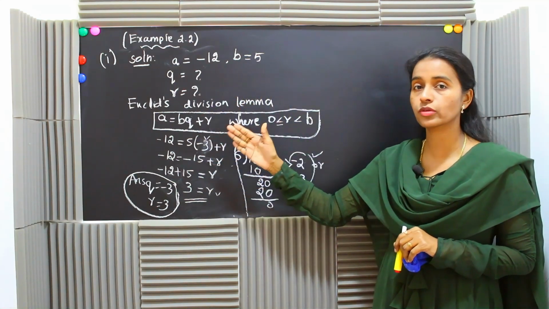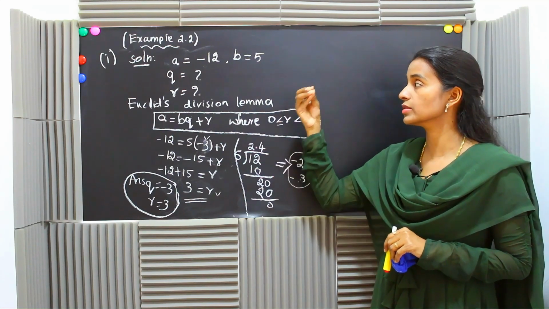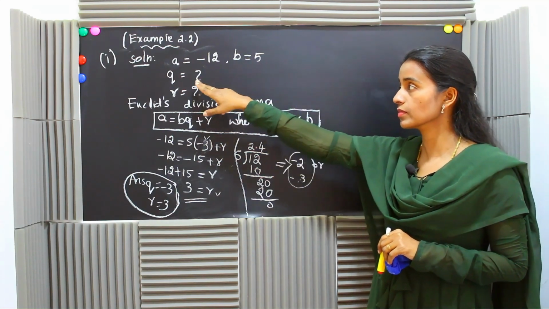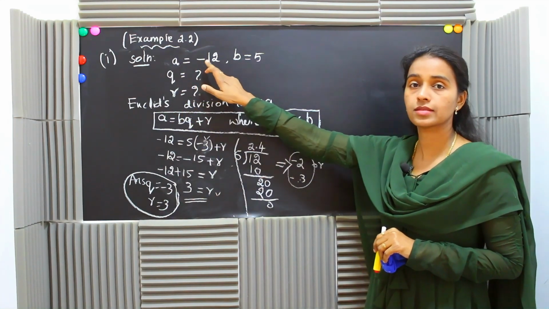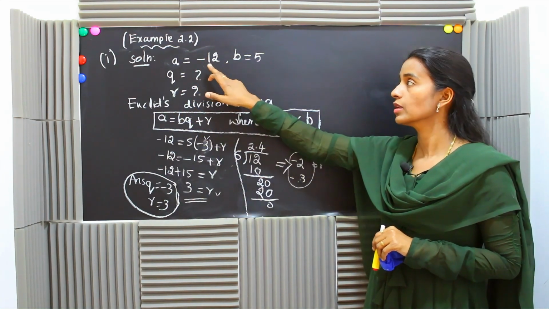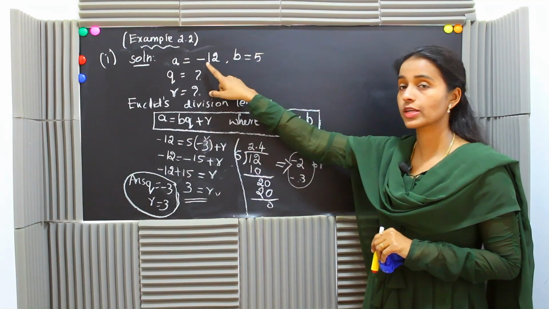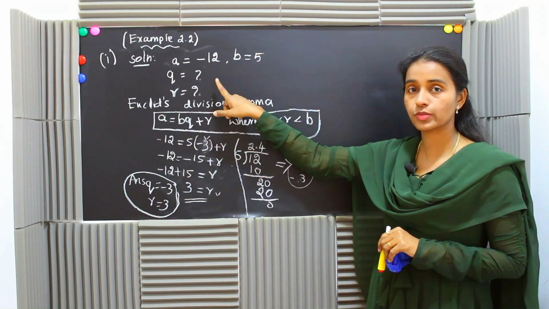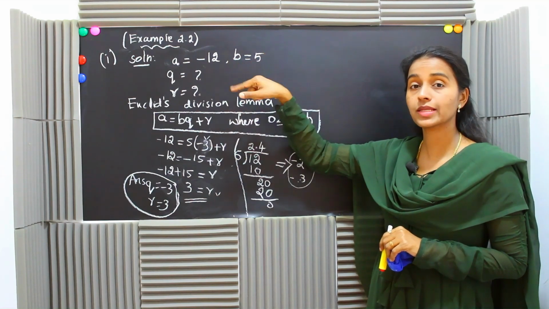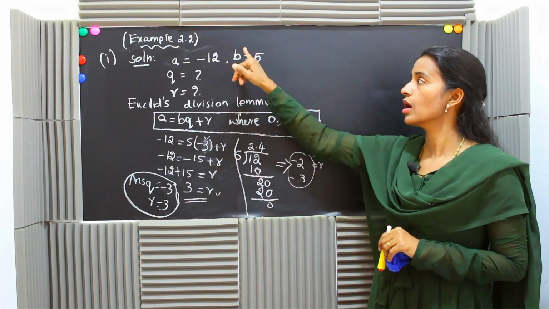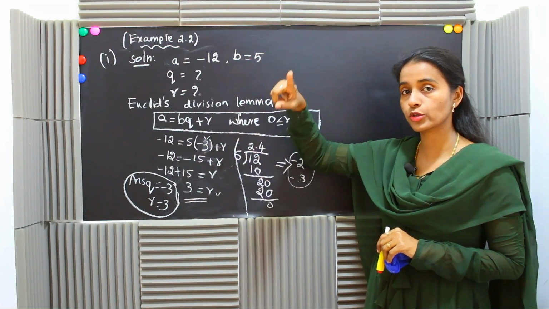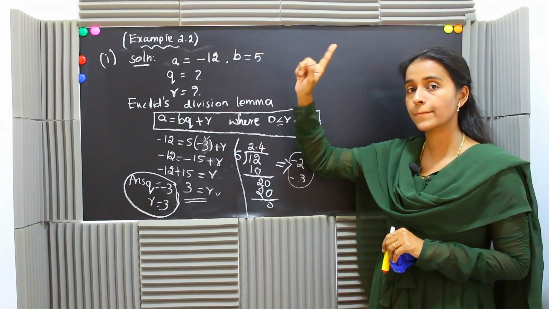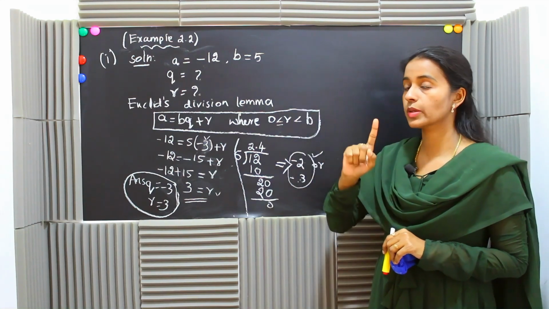You have to remember how the value of Q changes according to the signs of A and B. If you have one negative number, the quotient should be negative. And if you have both negative numbers, the quotient should be positive. That you should remember.